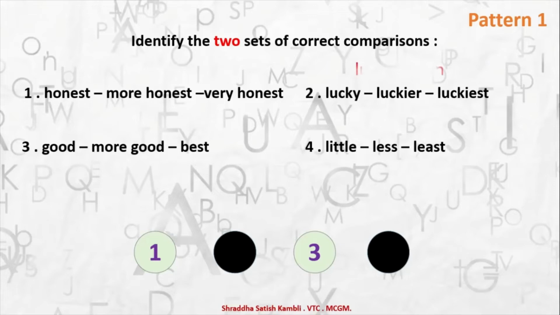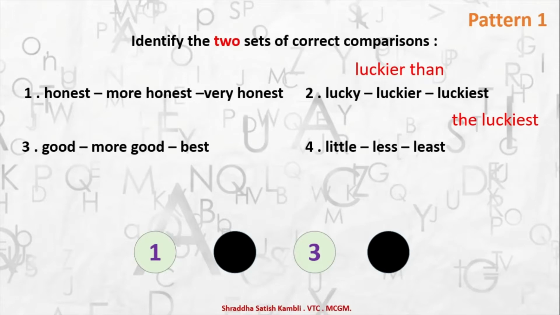Lucky will become luckier than, and the luckiest. Always remember, when you're thinking about positive, comparative, superlative, along with the comparative you will write than, and along with the superlative you will write the. This applies to the 4th example also: little, less than, the least. I'm not going to write it everywhere for you, but we will at least make an effort to say it.